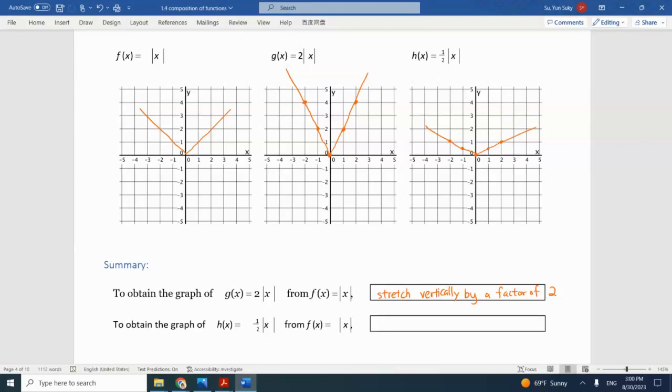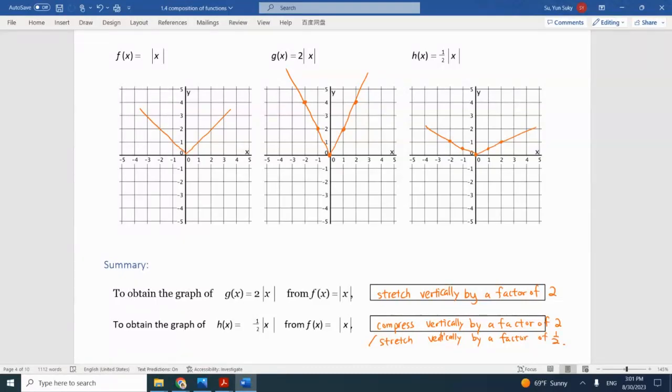Okay, so in 2 ways you can do. You can say compress vertically by a factor of 2 or stretch vertically by a factor of 1/2.